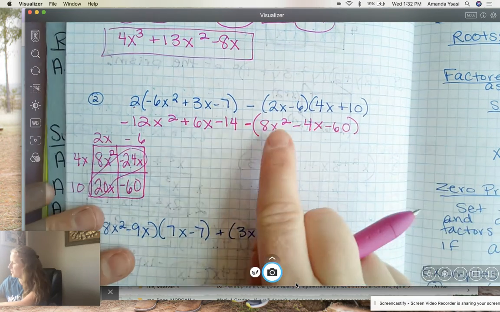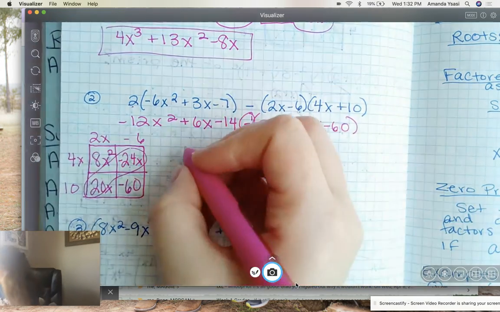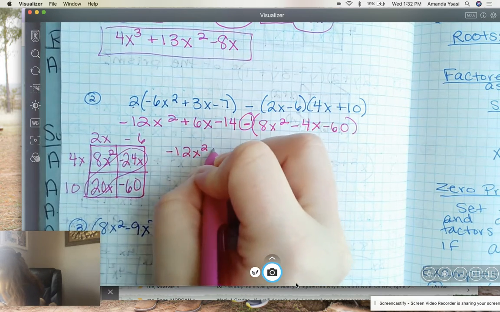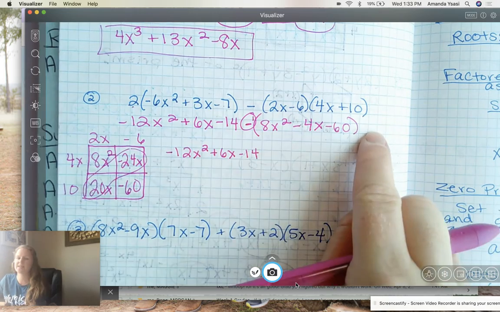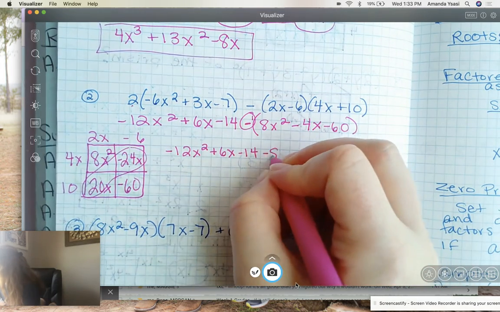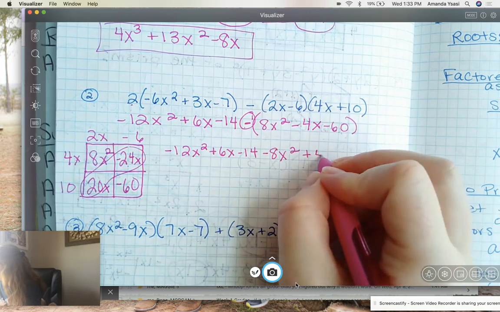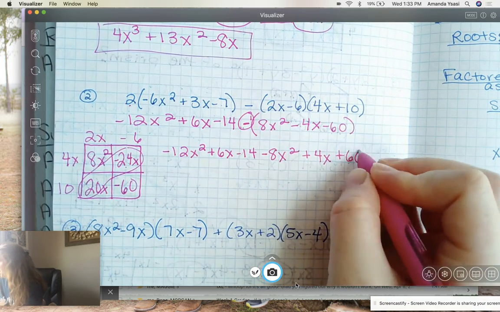All right, so now I need to distribute this negative 1 all the way through. So I still have things on the left side, negative 12x squared plus 6x minus 14. And now I'm going to change the sign of everything in there because I'm multiplying by a negative. So negative 8x squared. Negative times negative makes that positive 4x. Negative, negative, make that positive 60.